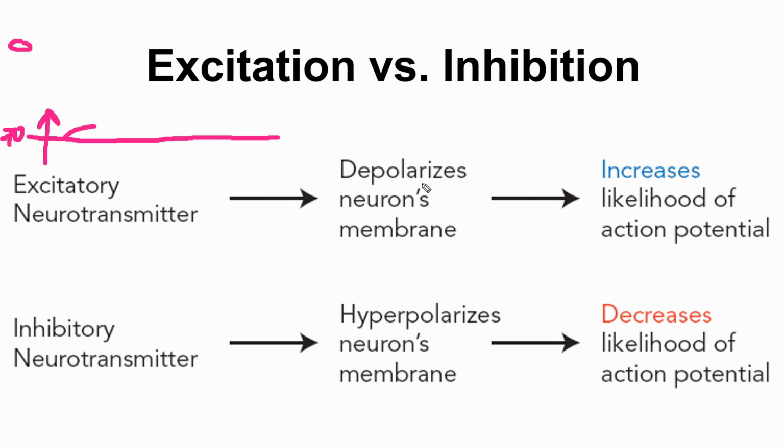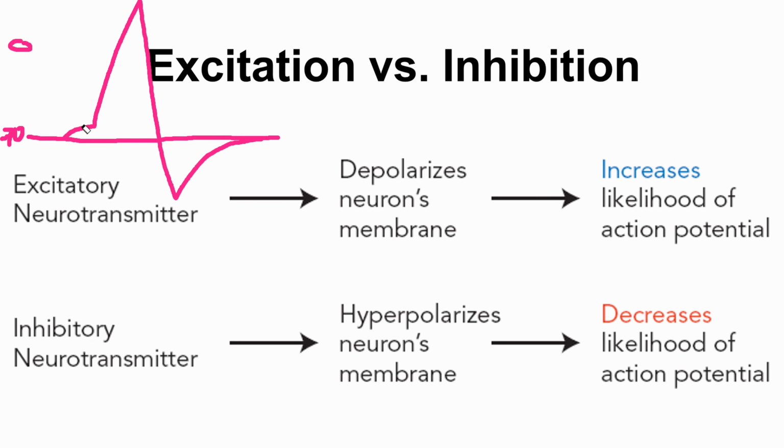So when we're depolarizing this membrane, we're causing that increase in charge, hopefully enough to hit our threshold. And if we get enough of these excitatory neurotransmitters, if they cause large enough local potentials, they're going to trigger our action potential. So it increases the likelihood of an action potential because it's reducing the polarization or making the cell membrane more positive.